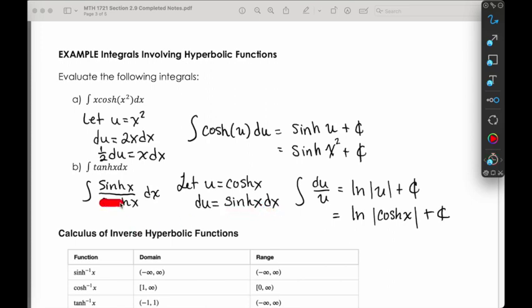And that way I can replace this with u. Hyperbolic sine dx can be replaced with du. Now I know what this is. This integral of 1 over u du is the natural log of u plus our constant. So when I go back and resubstitute, I get the natural log of hyperbolic cosine x plus my constant.